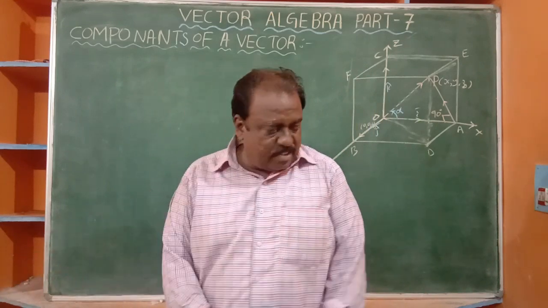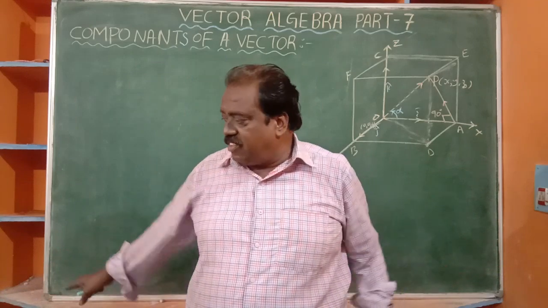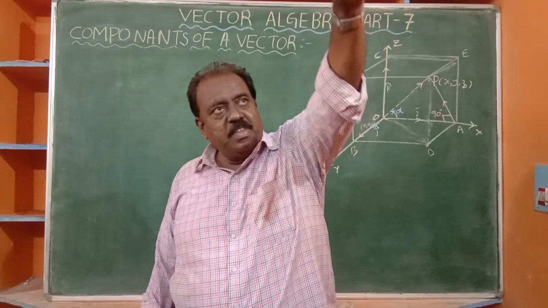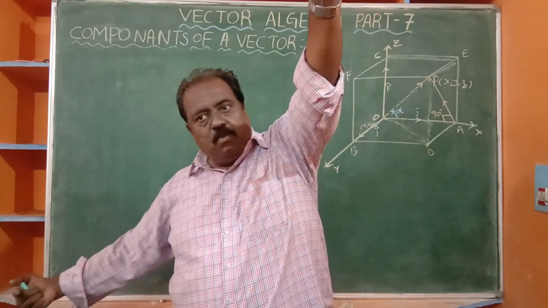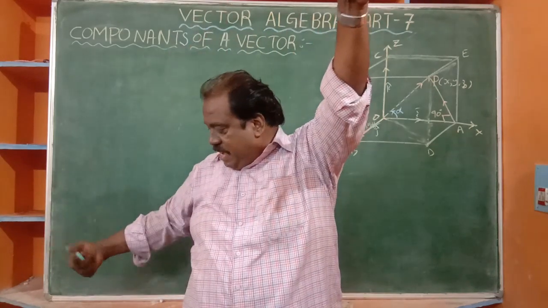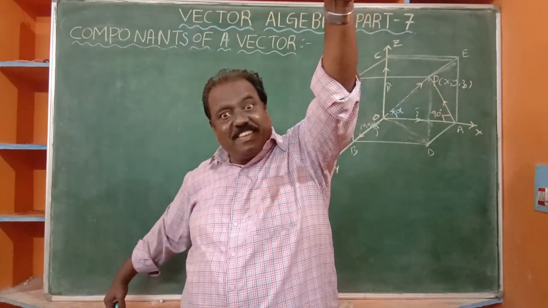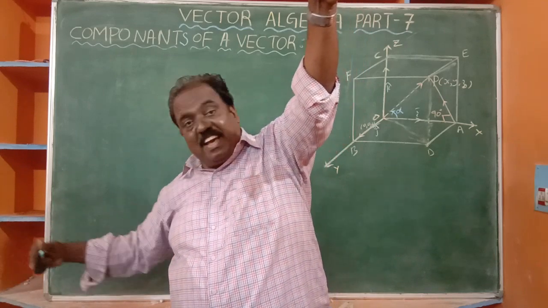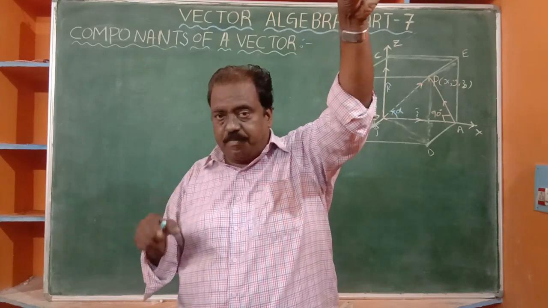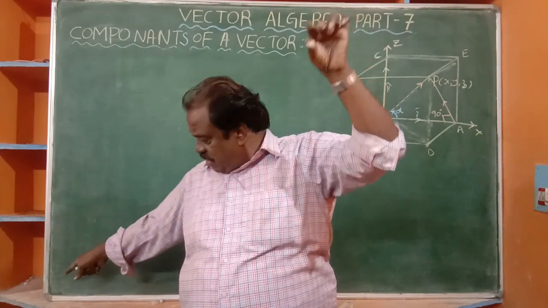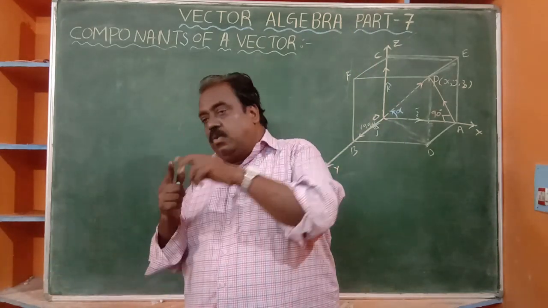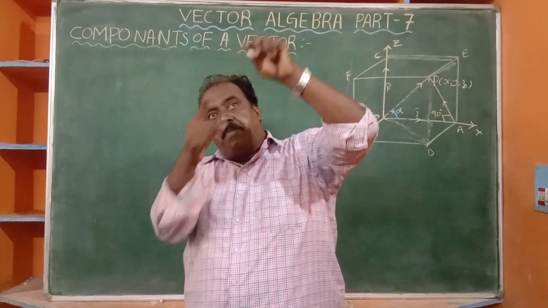It is the horizon, it is the x-axis. X-axis, horizon, y-axis, z-axis. Here is a point. Try to understand. Here is the point P. This OP line makes an angle alpha with the x-axis, beta with the y-axis and gamma with the z-axis. From O to P, P is a point.